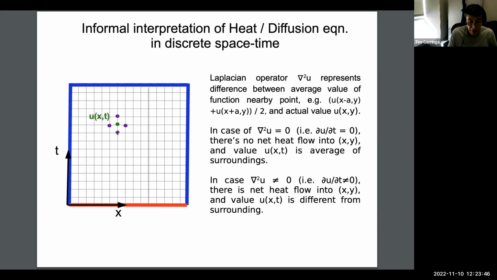It's, for example, getting hotter as we go to later times, or getting cooler as we go to later times. There's a change in temperature at this point between the earlier time downstairs here and the later time upstairs here. So that's a case where there is net heat flowing and the temperature will be changing at that point. So that's how to visualize the heat equation, diffusion equation, and Laplacian associated with the heat diffusion equation for discrete space and time.